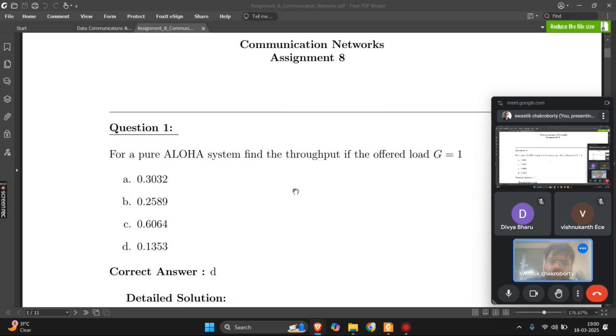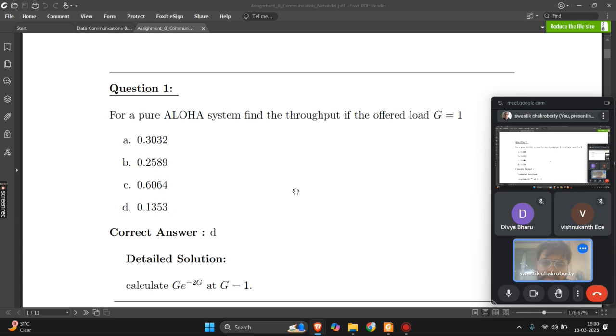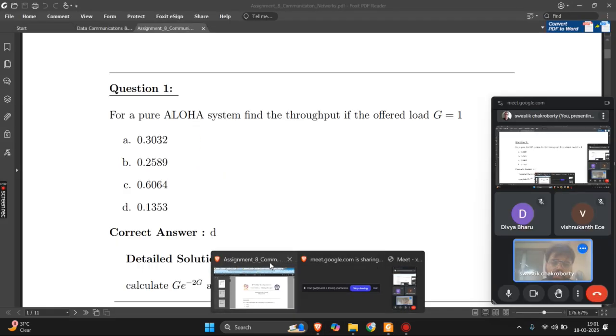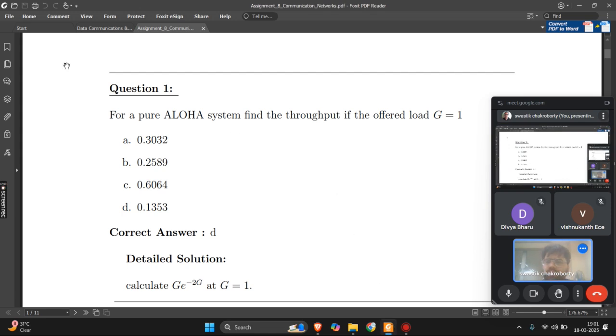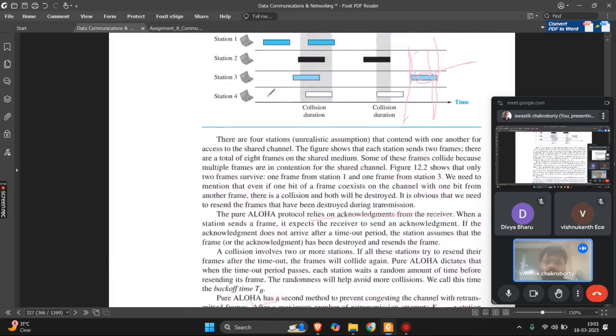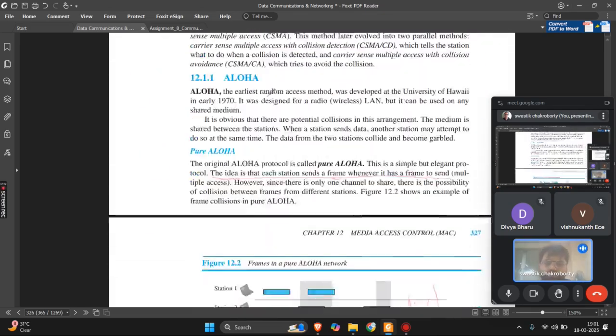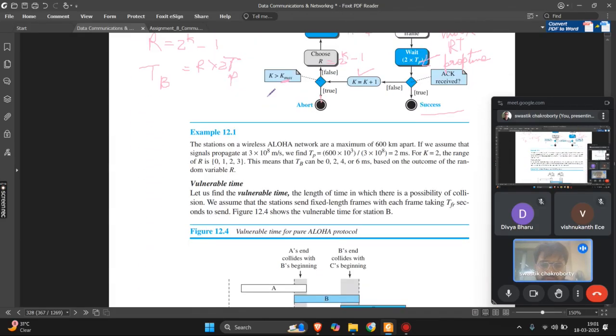For a pure ALOHA system, find the throughput. So this is G e to the power minus G. This formula is for slotted ALOHA. Similarly, for pure ALOHA, the throughput is G into e to the power minus 2G, which I think is not given here.